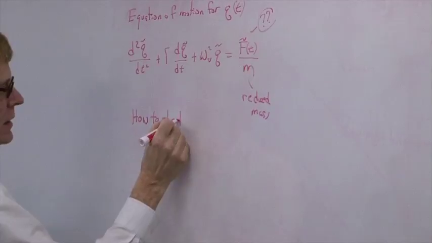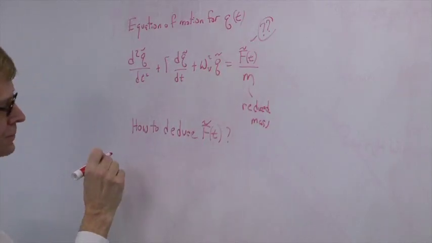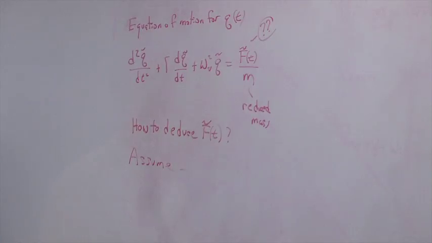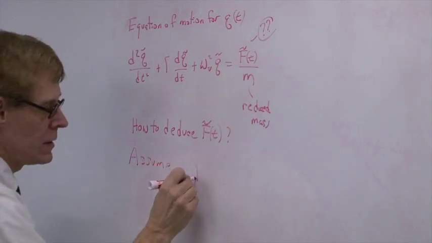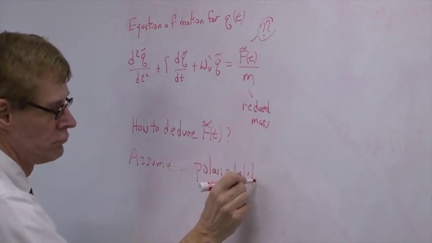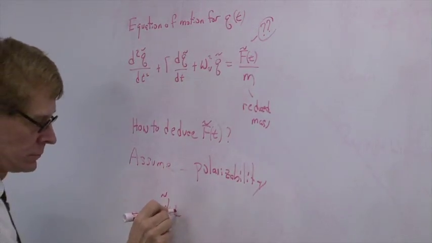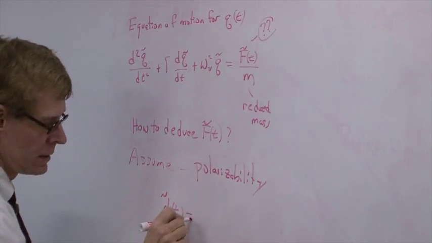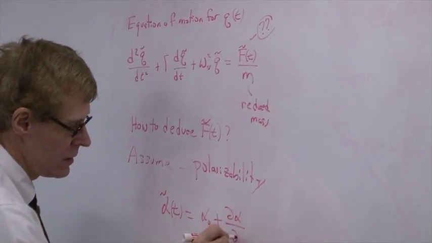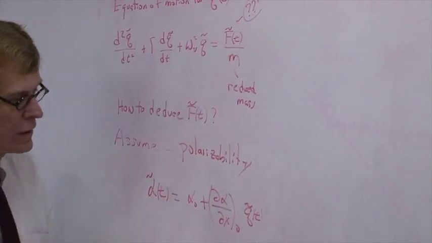How to deduce... so let's make an assumption. Let's assume that the polarizability alpha of t is equal to alpha 0 plus partial alpha with respect to q at q 0 times q of t.